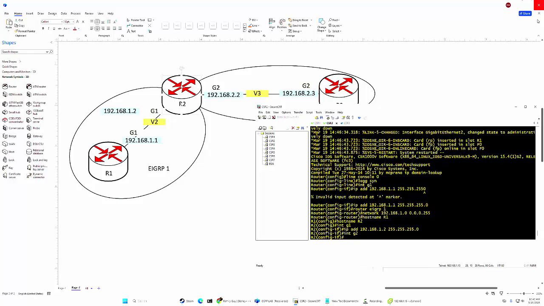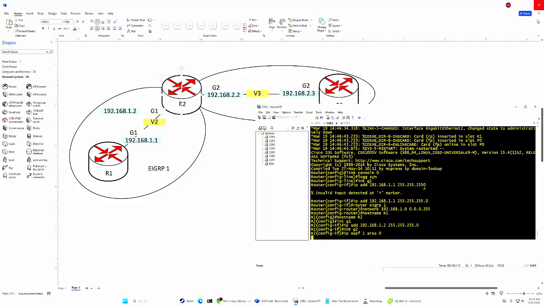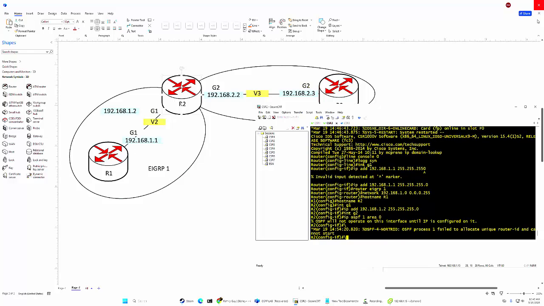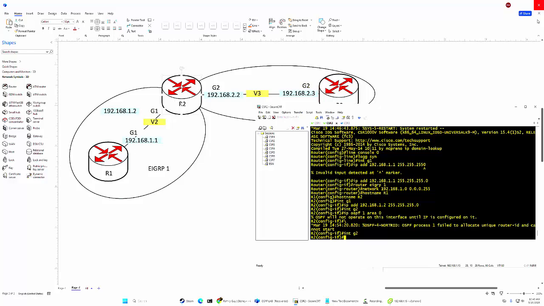G2, IP OSPF area 0. Oh, okay. So interface G2, it's telling me I need an IP address. 192.168.